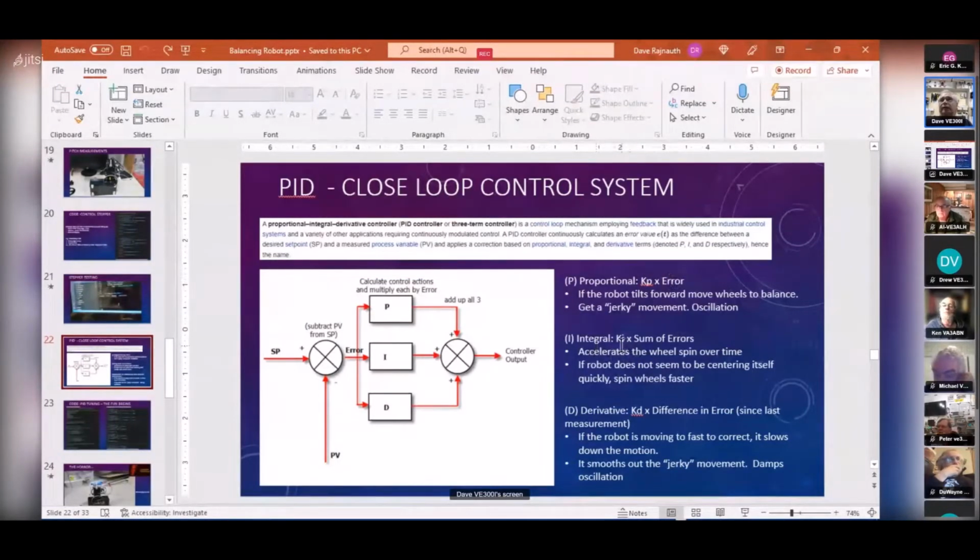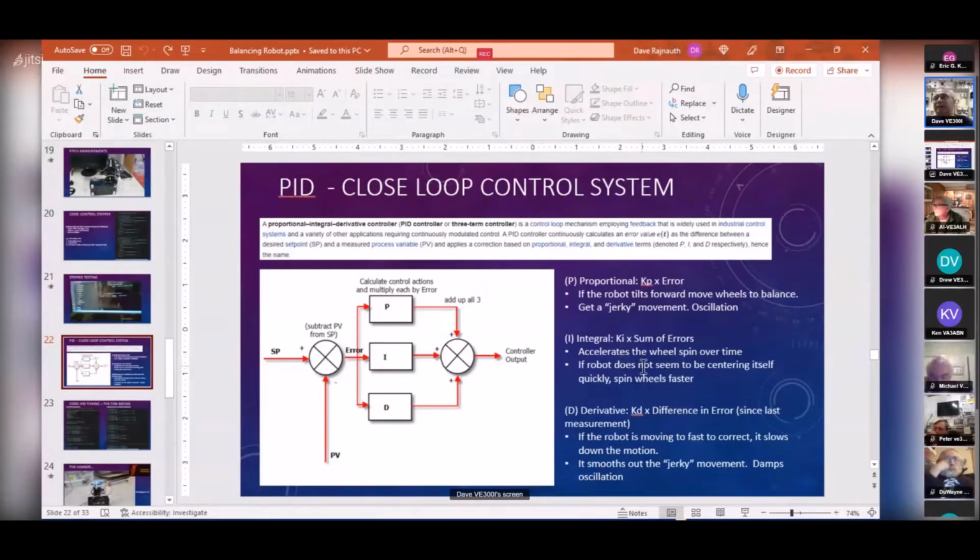The integral term is where you take the sum of all your errors and multiply it by another constant. Think about the integral term: if your proportional term says spin the wheel this much, but the robot is not moving, it's not righting itself, and it's staying at that level, the integral term will measure the sum of that error over time, and it makes the controller output bigger.